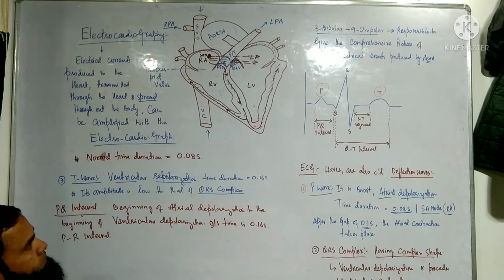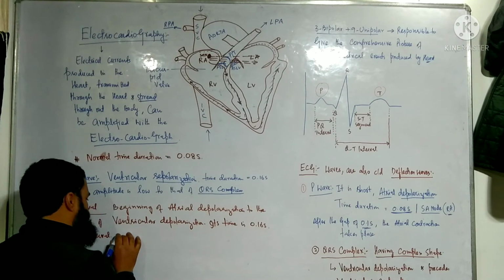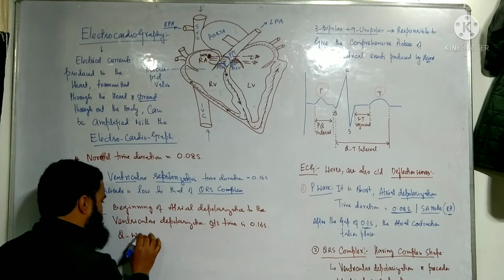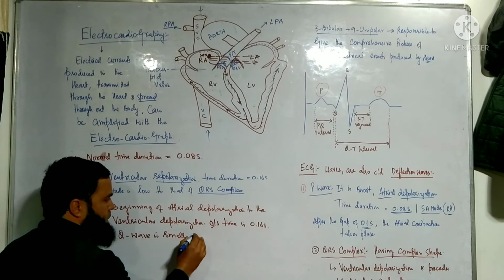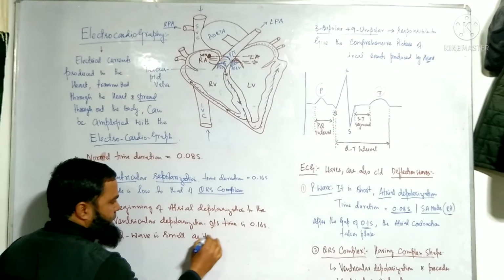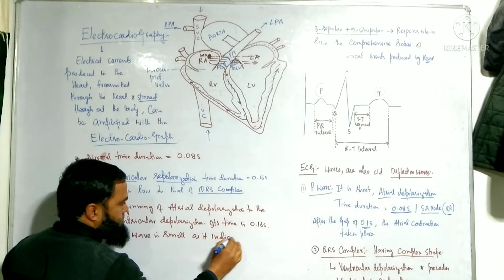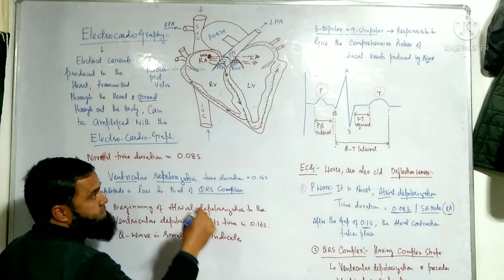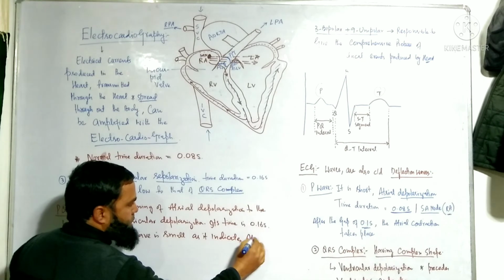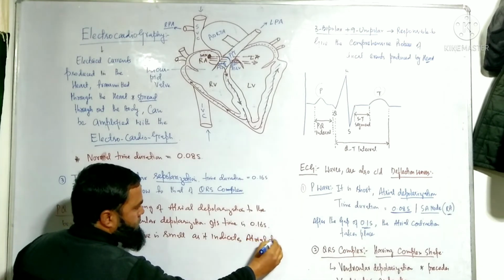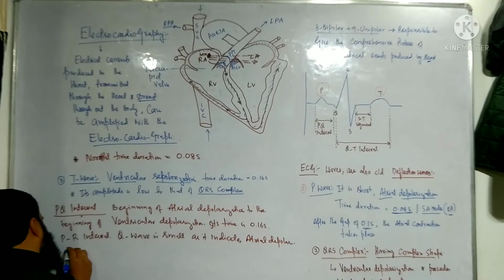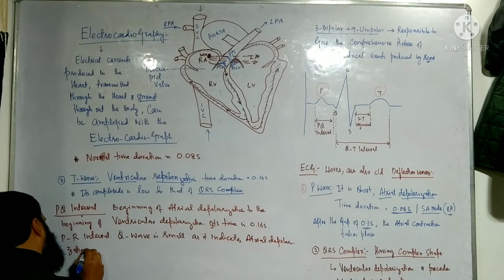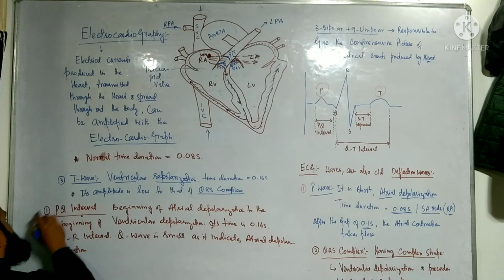Why so? Because the Q wave is small, as it indicates atrial depolarization.